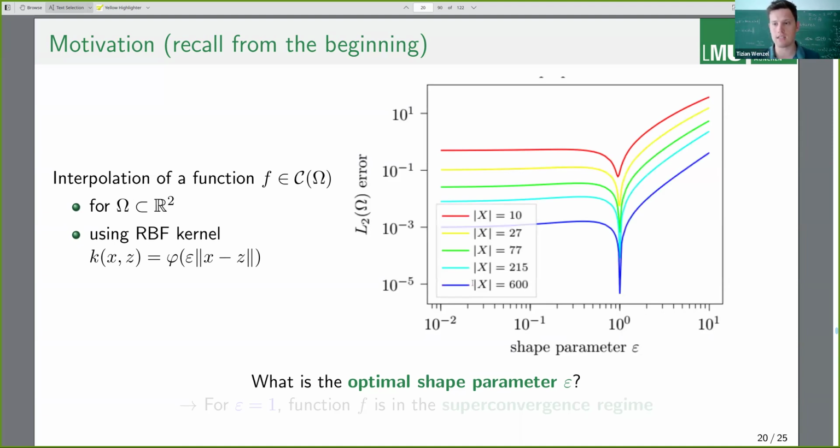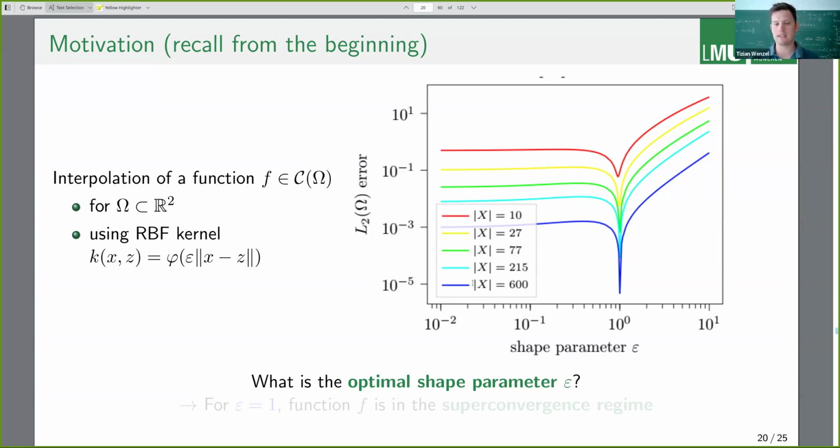This is the updated figure, because here we can really see that with more points, like the yellow line, the green line, and the blue lines, the smallest error is still obtained for the shape parameter epsilon equal to 1. In particular, the dip gets deeper and deeper.